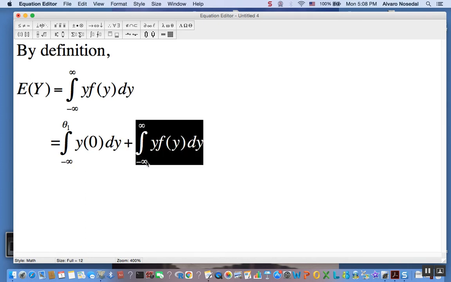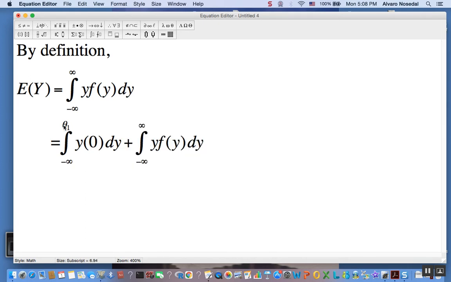Plus, between theta 1 and theta 2, we are going to have that line we talked about. Remember that horizontal line we talked about? 1 divided by theta 2 minus theta 1.